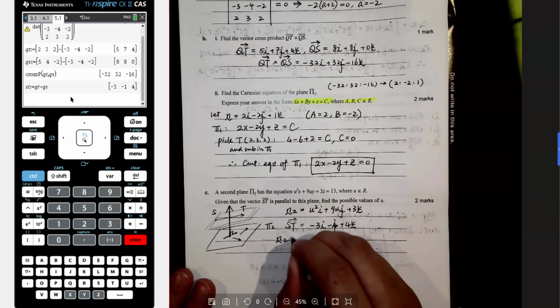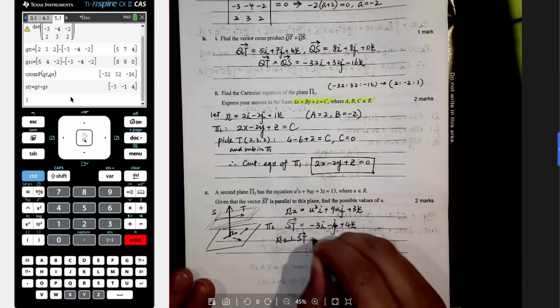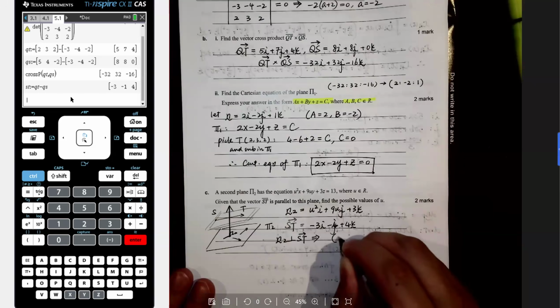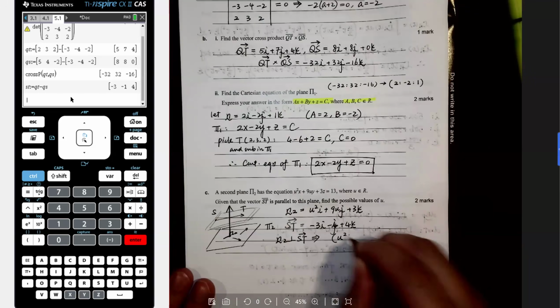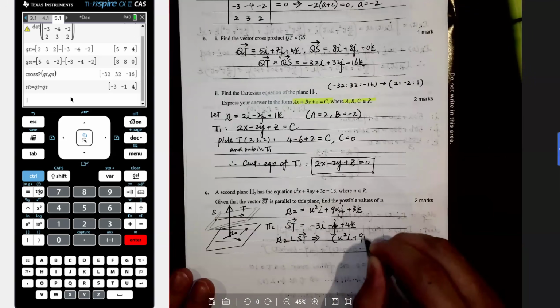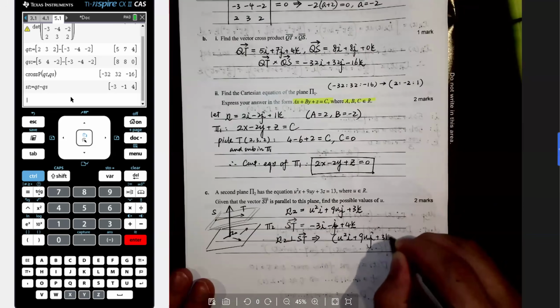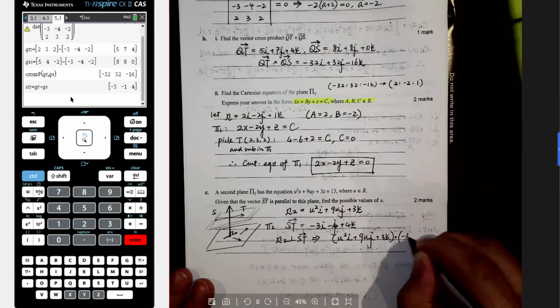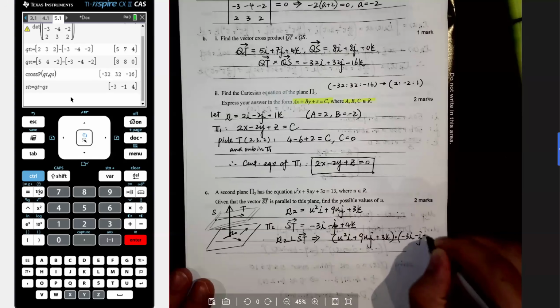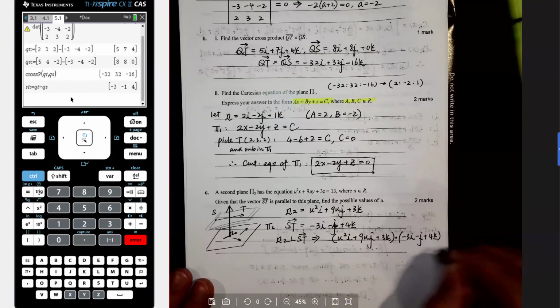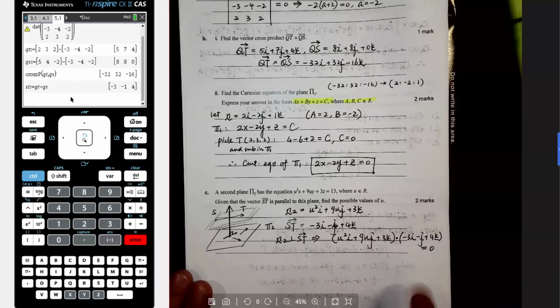Then n2 must be perpendicular to ST, and that gives me (u squared i plus 9uj plus 3k) dot (-3i minus j plus 4k) equals 0.